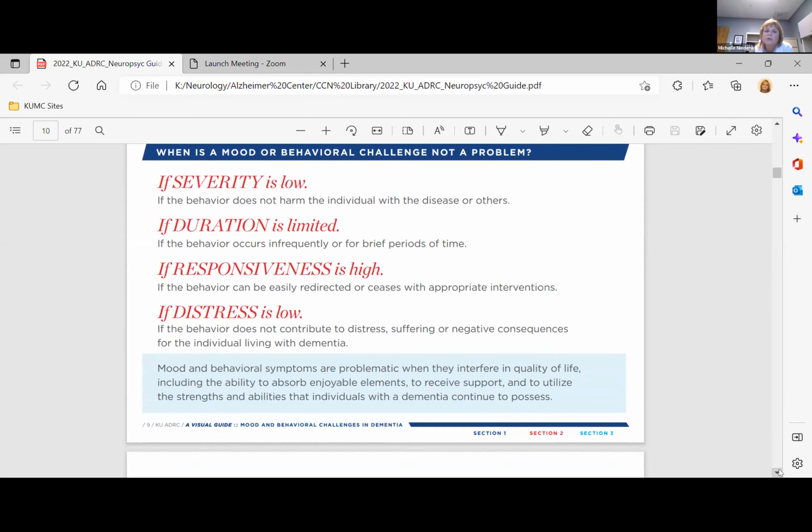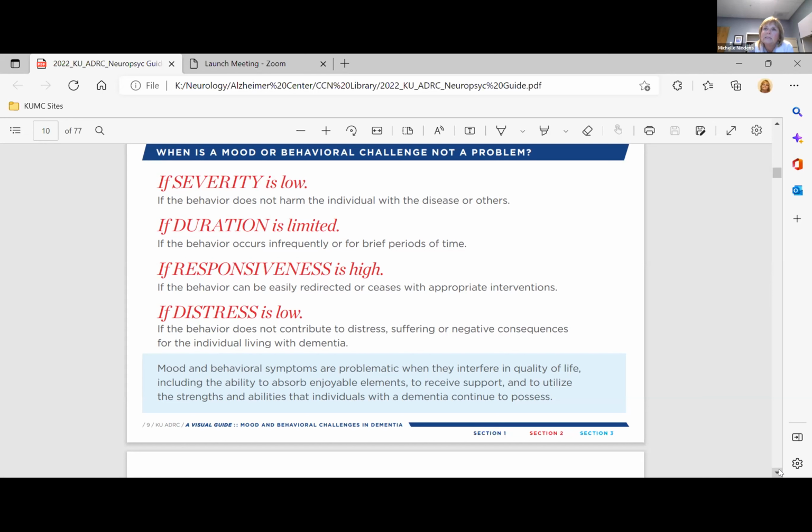And then it also addresses when mood and behavioral challenges are really not a problem. So you can have a divergent behavioral expression. You can have a mood challenge that I would not consider a problem, that by and large we wouldn't consider problematic. And I look at these kind of things. Is severity low?